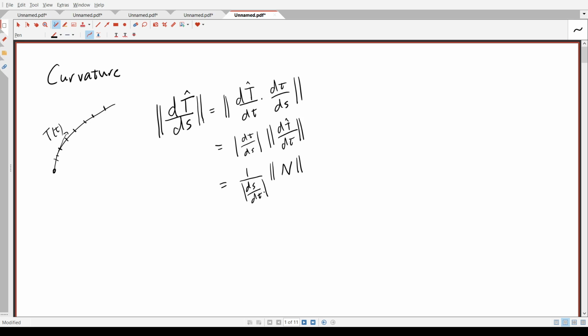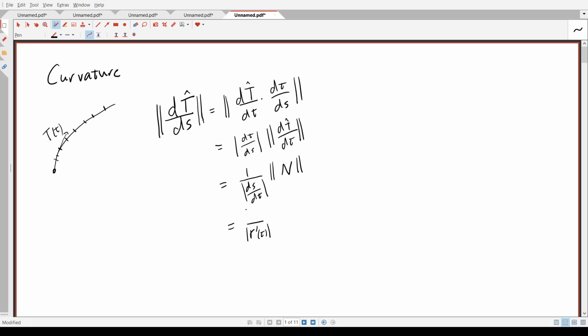So this on the bottom, ds/dt, that's the rate of change of position with respect to time. So that's going to be 1 over the norm of r prime of t. And here, it's the normal vector.